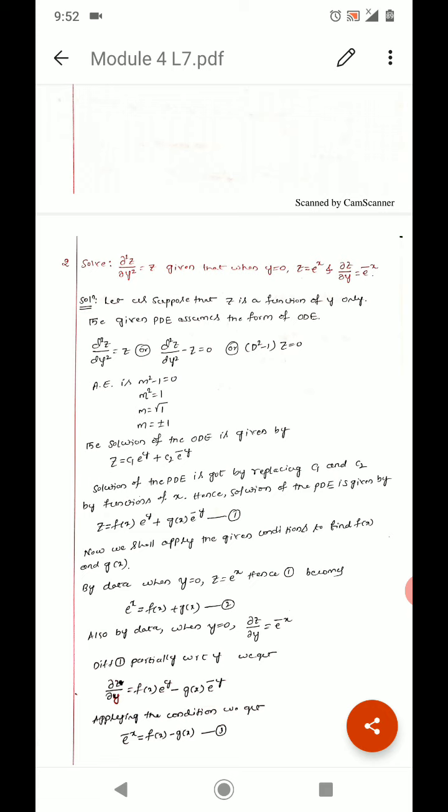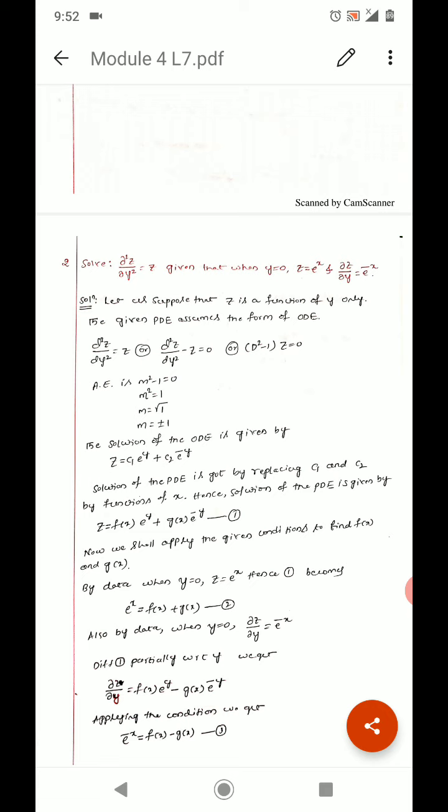So another condition is, when y is equal to 0, we have del z by del y is equal to e power minus x. So to obtain del z by del y, we have to differentiate equation 1 with respect to y partially. So we get del z by del y equal to f of x into differentiation of e power y is again e power y, and differentiation of e power minus y is minus into e power minus y.